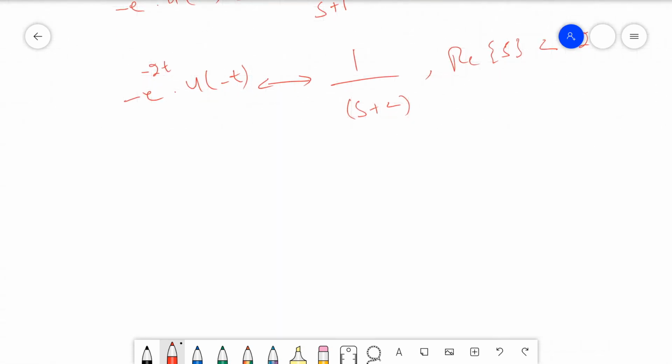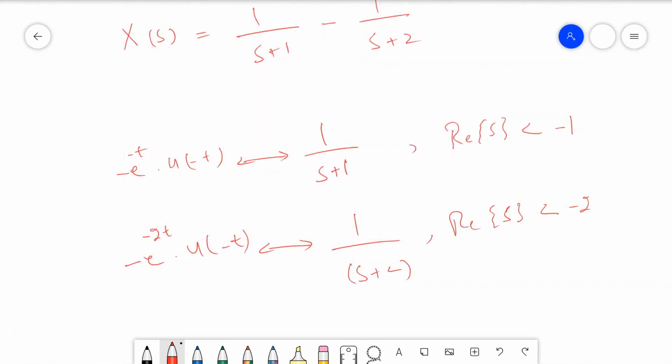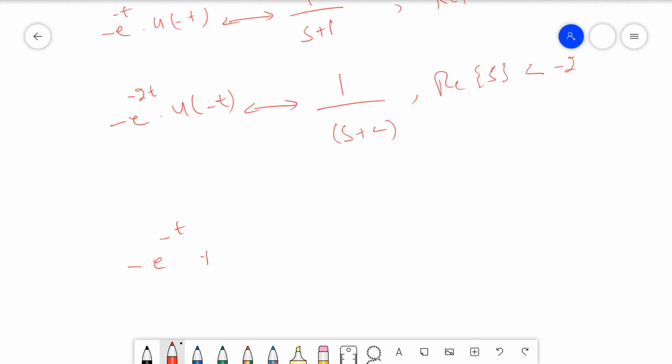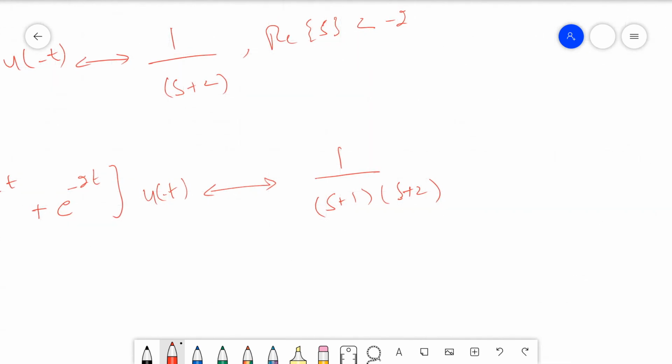So if we combine these two, we can get the final x of t, which is minus e raised to the power minus t, and this minus and the minus here cancel out, so we will get a positive sign here, e raised to the power minus 2t, and if we take u of minus t common, this is the inverse Laplace transform for 1 over (s plus 1) and 1 over (s plus 2), and the region of convergence in this case is real of s less than minus 2.